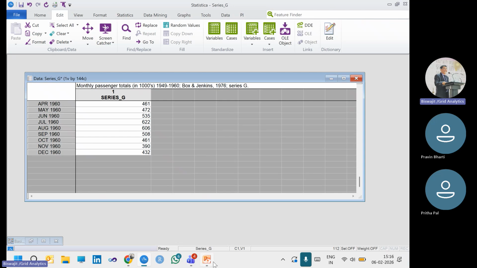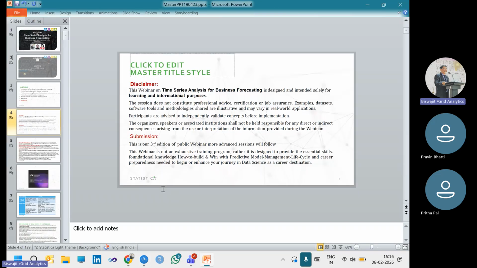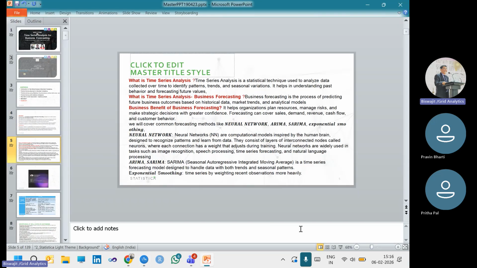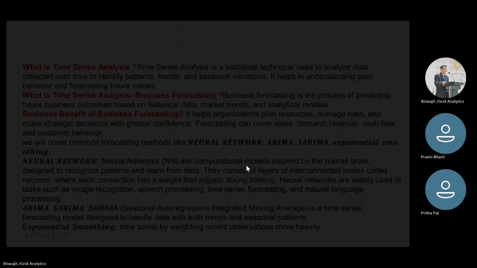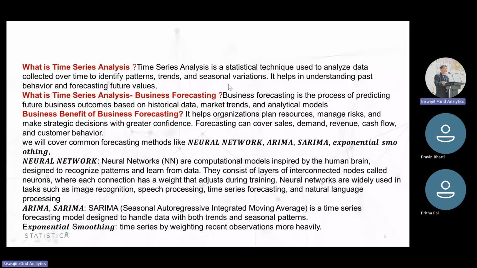Before getting started, let me give you a foundation of time series. What is time series all about? Time series is a statistical technique used to analyze data collected over time to identify patterns, trends, and seasonal variation. It helps in understanding past behavior and forecasting future values. What is business forecasting?